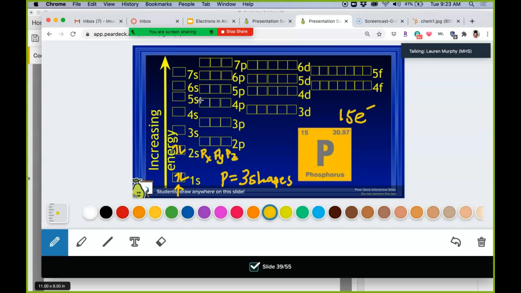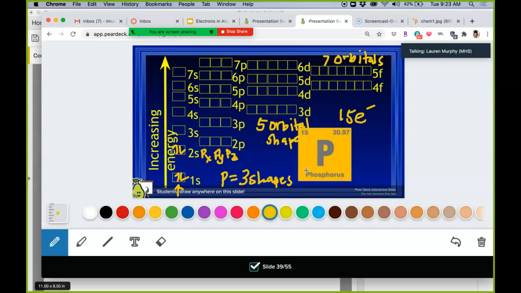Having said that, why do all of these Ds, 3D, 4D, 5D, 6D, have 5 boxes? Because there are 5 orbitals, 5 different shapes, and really orbitals are shapes. And then the F has 1, 2, 3, 4, 5, 6, 7 because there are 7 orbitals, or 7 shapes. That's 7 different possible locations you could find an electron at any given time.